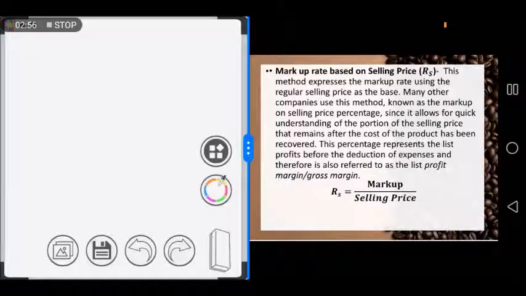Okay? So, doon ka na rin kukuha ng pangbayad mo sa expenses and part ng itatago mo na as your profit. Okay? Ayan. So, this percentage represents the list profits before the deduction of expenses, no? And therefore is also referred to as the list profit margin or the gross margin.